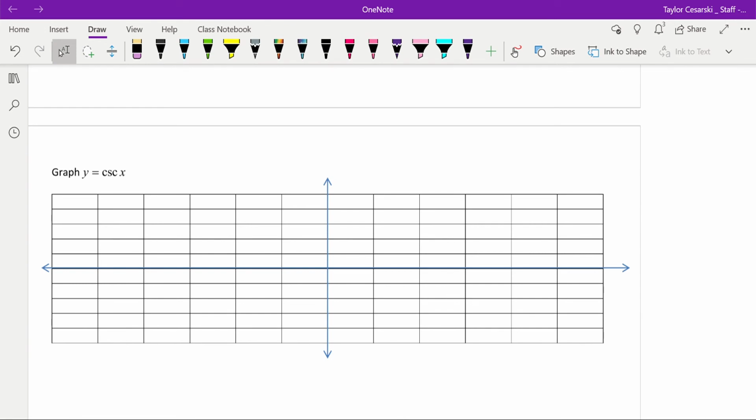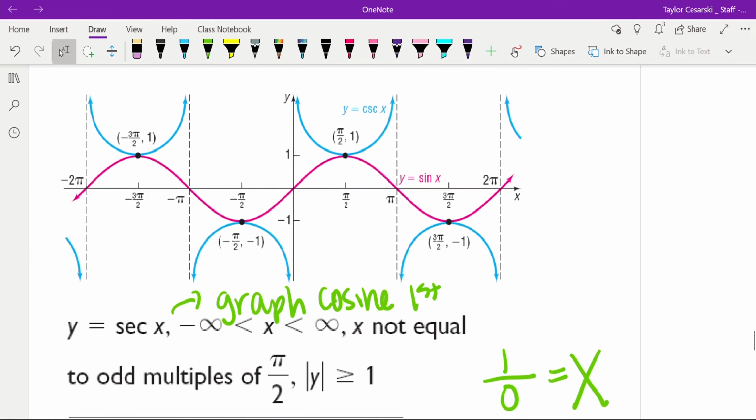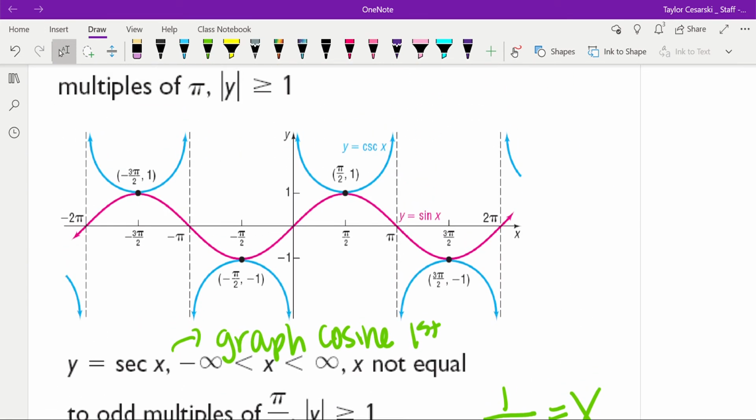Okay, and let's talk about the period for these. So the period for these, of how often the graph repeats itself, well, let's look. So it starts over here at negative pi over 2, is probably the best way to think about it, and then 3 pi over 2. So how often does it take the graph to repeat itself?